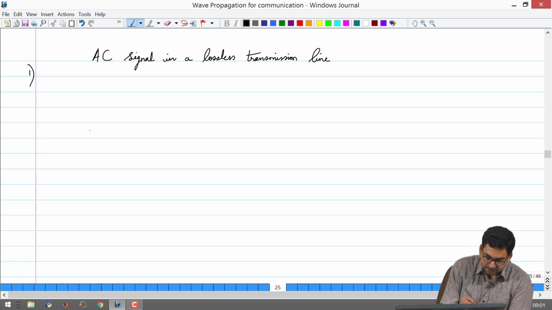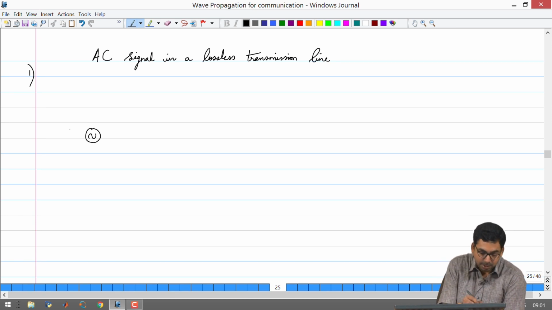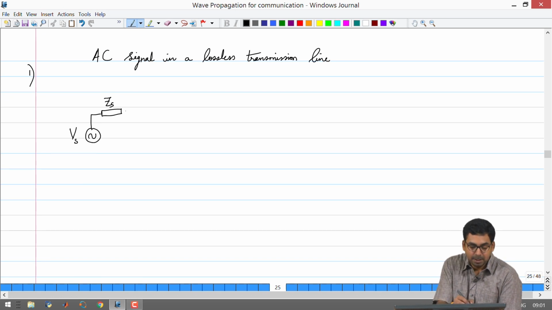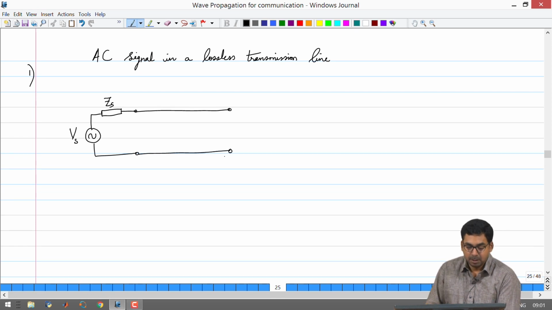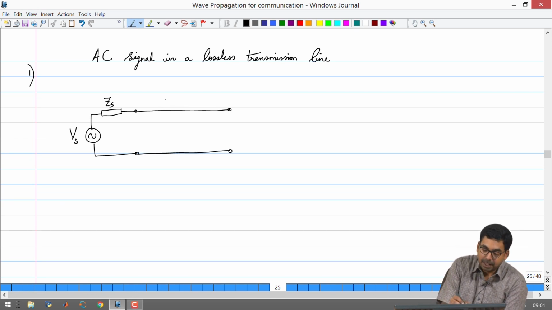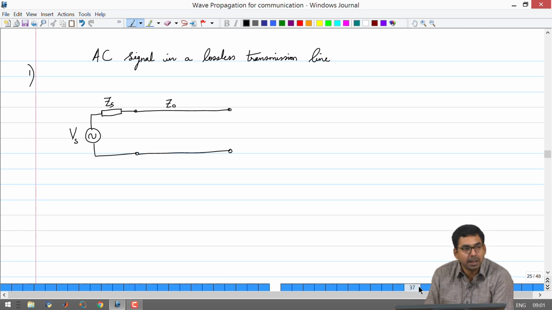So let's take the configuration of the transmission line where I have an alternating source. I'm going to mark this as Vs. It has a series impedance Zs, and it's connected to a transmission line. The transmission line has a characteristic impedance of Z0, similar to the characteristic resistance.